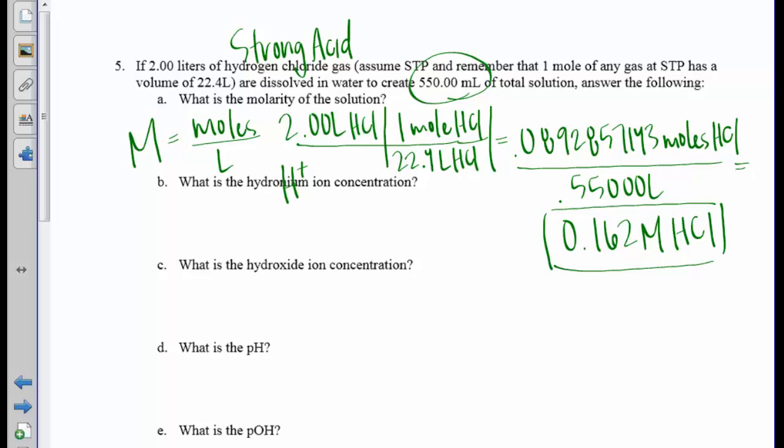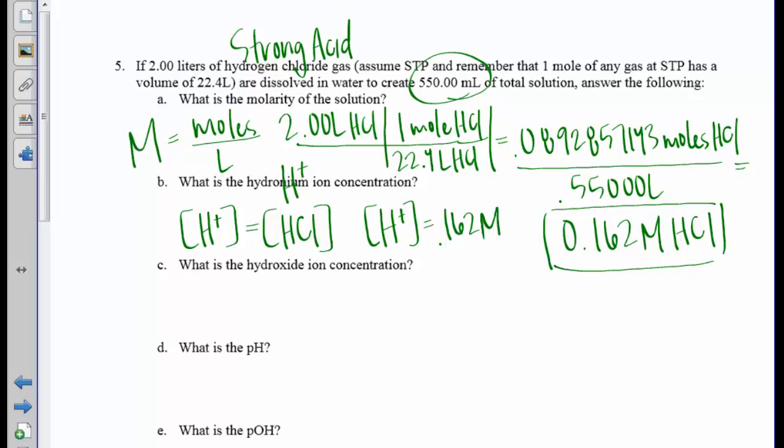Knowing that I have a strong acid, I know that the hydrogen ion concentration for any strong acid solution is equal to the concentration of the acid, in this case hydrochloric acid. So I know that my hydrogen ion concentration must be 0.162 molar as well.